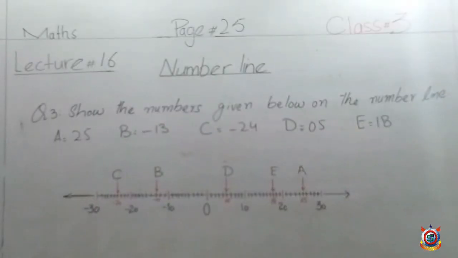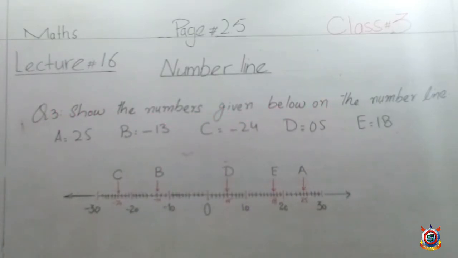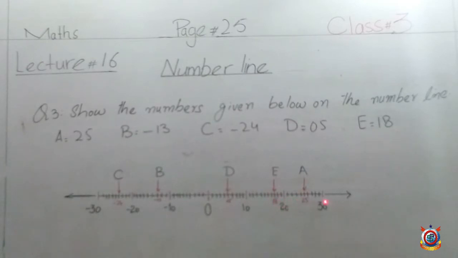Now, students, have a look on the board for question number 3. Look at the question. Show the numbers given below on the number line. A is 25, B minus 13, C minus 24, D 5, E 18. Now look at the number line. I have drawn the number line for you.